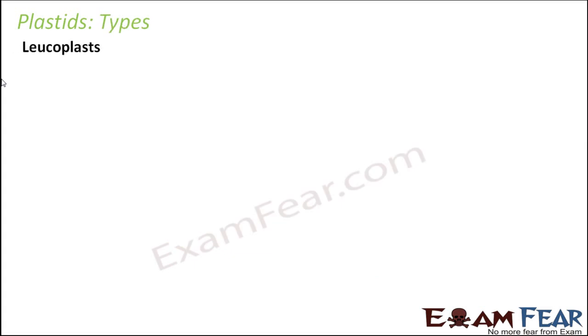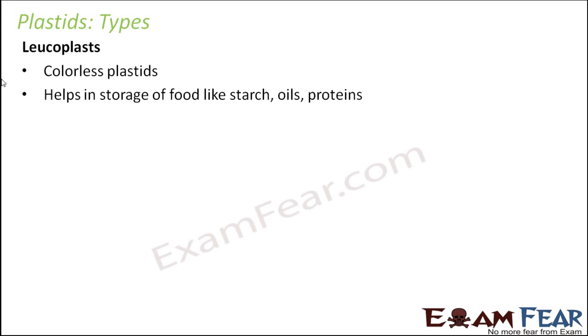So we will start our discussion with leucoplast, the colorless plastids. So they do not impart any color. Then why are they present? Because they help in storage of food like starch, oils and proteins. Now there are different names which are given to each of them. The colorless plastid which stores starch is given the name amyloplast.